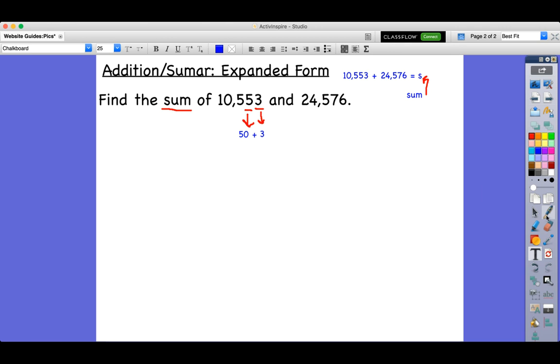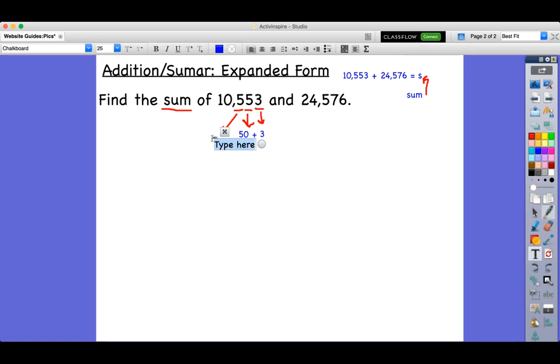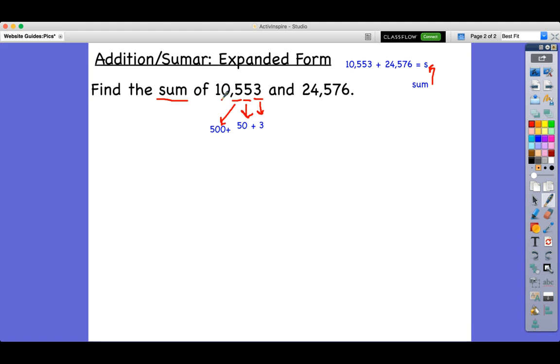Next, I'm going to go to the next place value, which is the hundreds place, and we also have a 5 there, but the value of this 5 is 5 hundreds, or 500. Next, we're going to the thousands place, but if you look, there's a 0 in the thousands place.